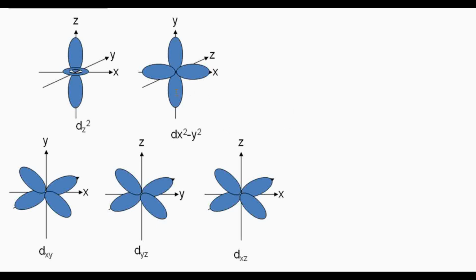But instead of that you are having only one dz square. Actually this dz square orbital is a combination of dy square minus z square and dx square minus z square orbitals. You cannot have 6 d orbitals, and that is why the last d orbital dz square is a combined form of dy square minus z square and dx square minus z square.